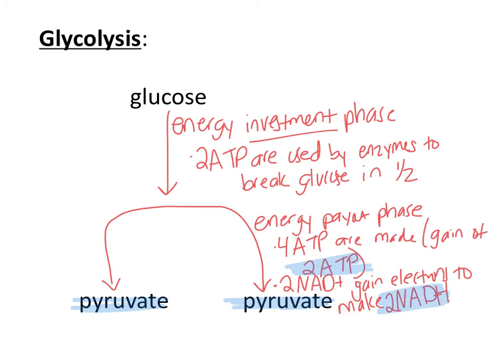These items are going to then be used in the future steps if the cell can. So there are certain conditions that would allow the cell to continue on through the other 2 steps, or certain conditions in which case the cell would stop essentially at glycolysis.